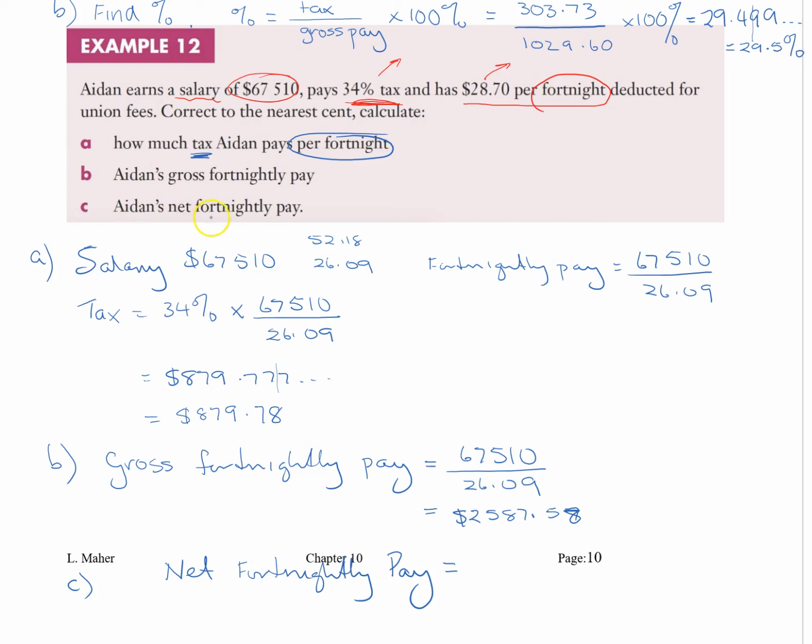C asks for the net fortnightly pay, and all we have at the moment taken from this gross pay is, of course, the tax, and that we worked out to be $879.78, which gives $1,707.80.